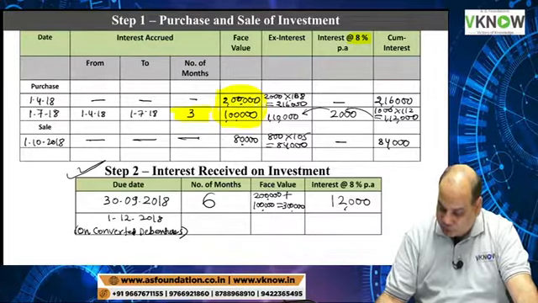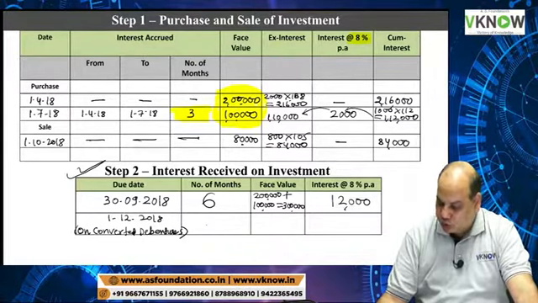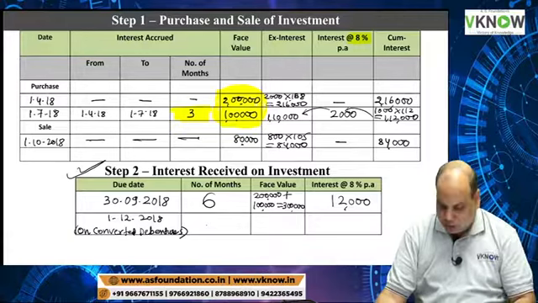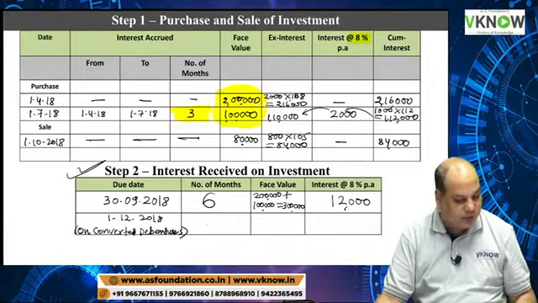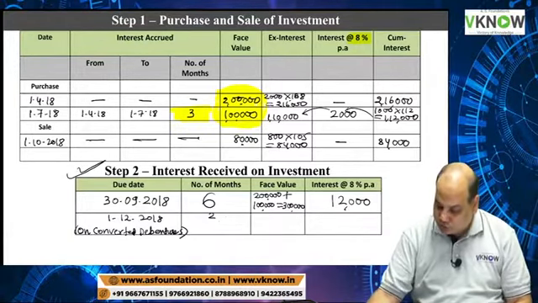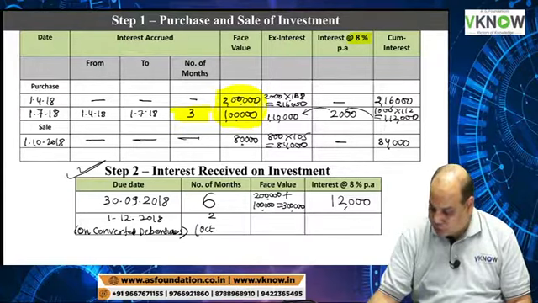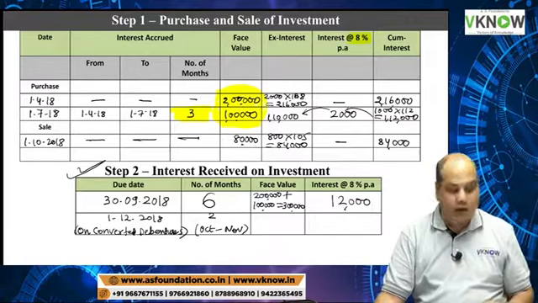For how many months? September is over, October and November, because it is beginning December, so 2 months. Write down October to November. December you will not get interest.